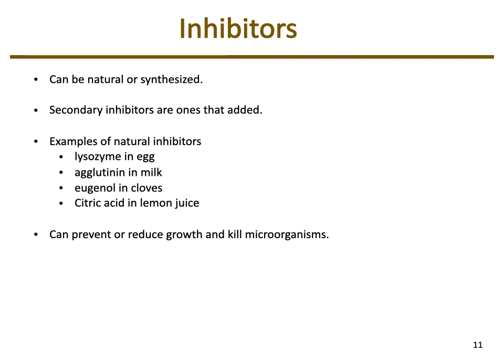And again, the producer could opt to use natural inhibitors, so they could add lemon juice in, or they could have isolated gluten from milk that they could add in to inhibit the growth of microbes in their food. Or they could synthesize these inhibitors in the lab and then purchase those chemicals and add them in.